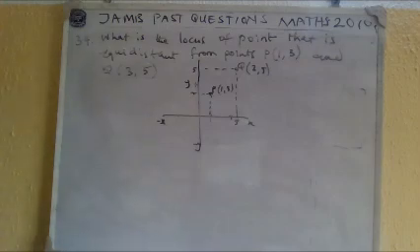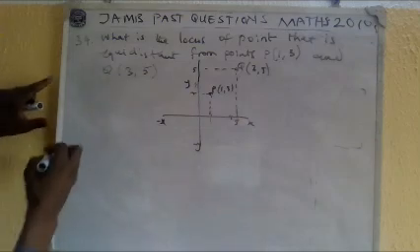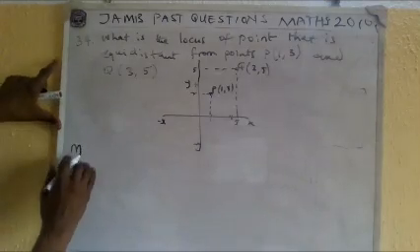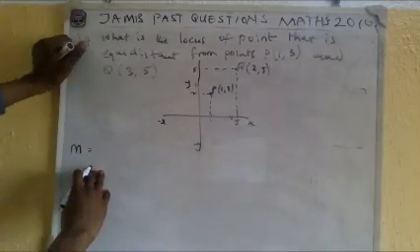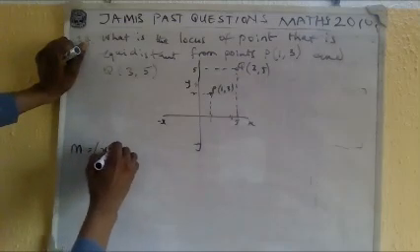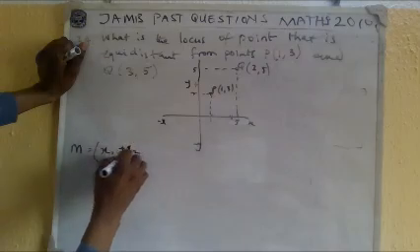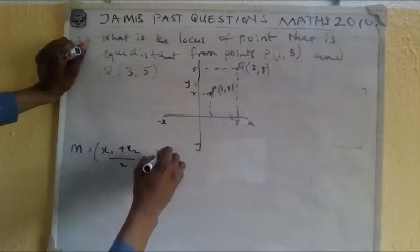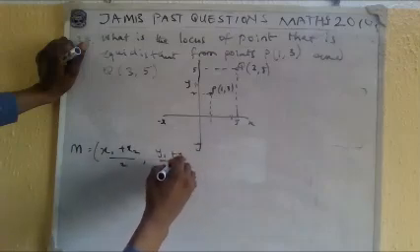Well, the first thing you have to do is to get the midpoint of the line segment. The midpoint of the line segment connecting the 2 points is given by, so M is the midpoint, M is given by x1 plus x2 all over 2 and y1 plus y2 over 2.